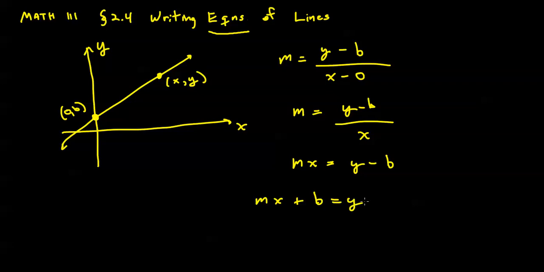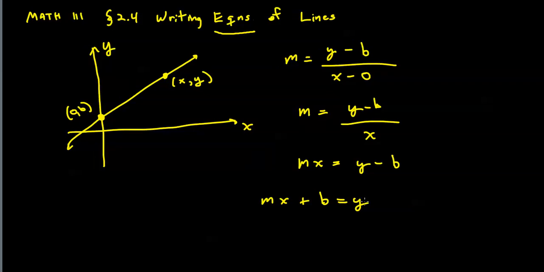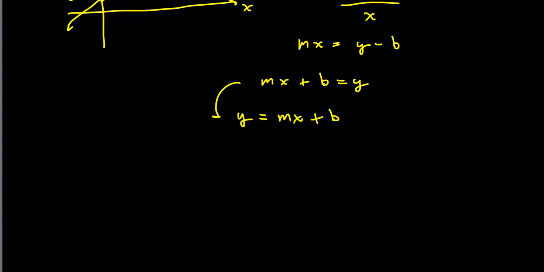So what I have really done is write the equation of this non-vertical line, understanding that the slope is m, and x and y can be any other point on this line. Let me write it: mx plus b equals y. I can rewrite this as y equals mx plus b, and I'm sure you'll recognize this y equals mx plus b format.